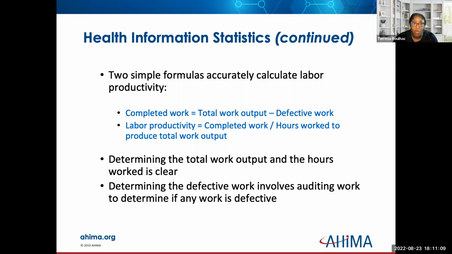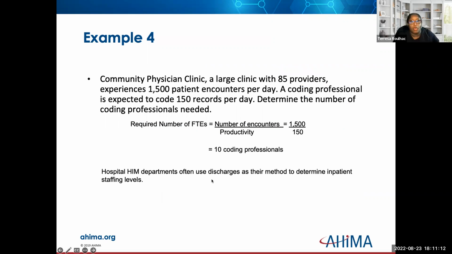Now, in example 4, we have a community physician clinic, a large clinic with 85 providers, experiences 1,500 patient encounters per day. A coding professional is expected to code 150 records per day. What we're going to do is determine the number of coding professionals that are needed. When computing FTEs, the manager does not ordinarily round up or down to a whole number.